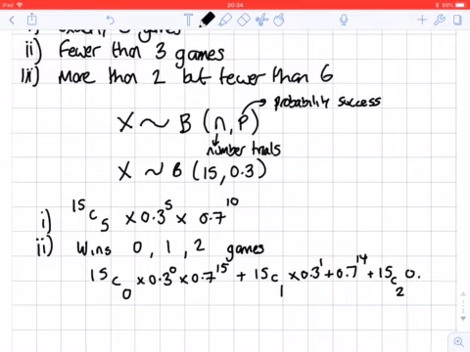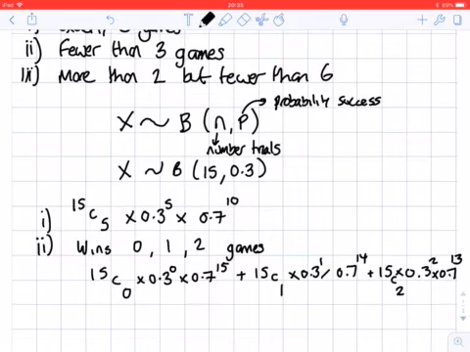And it would be 0.3 to the 2 and 0.7 to the 13. Notice how the powers in each calculation always add up to 15. I'm just going to put that times sign in there. That was a slight error on my part. Then obviously what we do is work each individual probability out and then add them together, because we've got 0 or 1 or 2 wins.